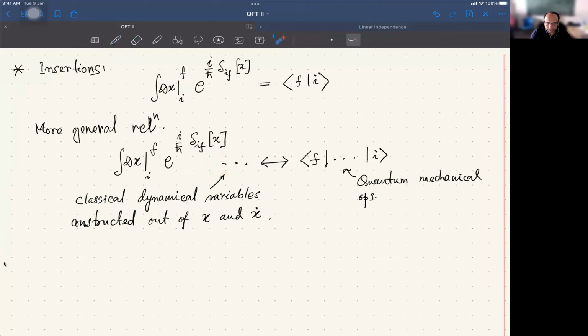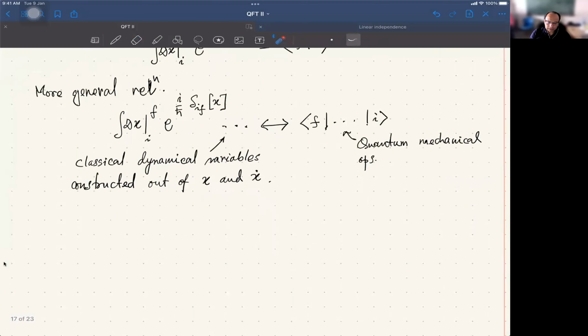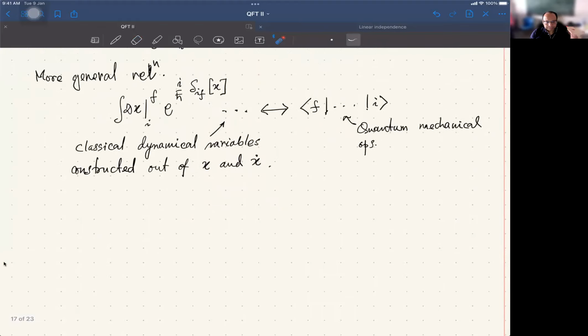These are not operators in the sense of these ones. The full set of classical dynamical variables in classical mechanics are given by the functions constructed from x and x dot. So those kinds of objects will sit here. We understand this relation so far, but we need to understand this more general type of relation.